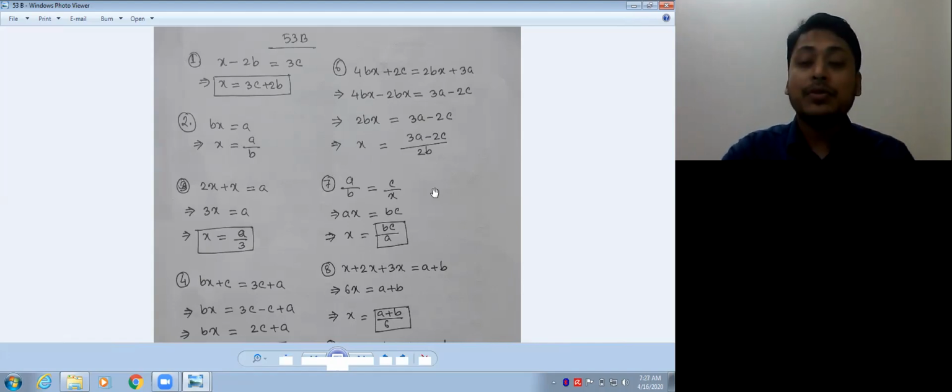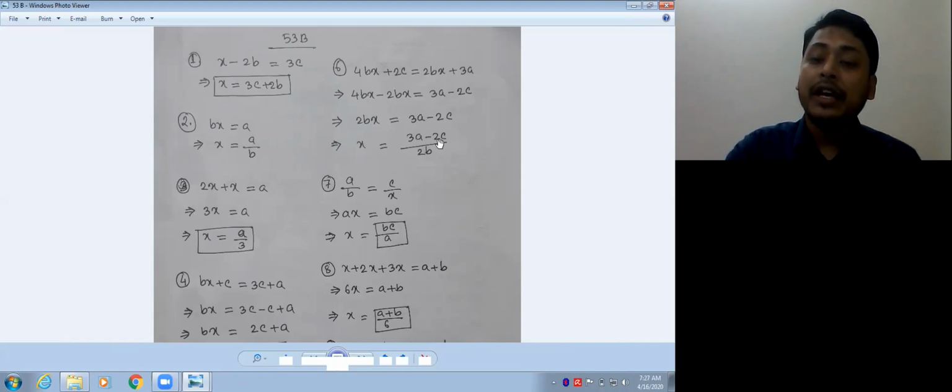And here I have to talk. We cannot cut this 2 and this 2, because of having minus or having plus, we cannot cut this 2, okay? Because 3a and 2c are separate things, and if we cut anything, we have to cut from the two terms, 3a and 2c. Since we cannot cut 3 and 2, that will be our answer.